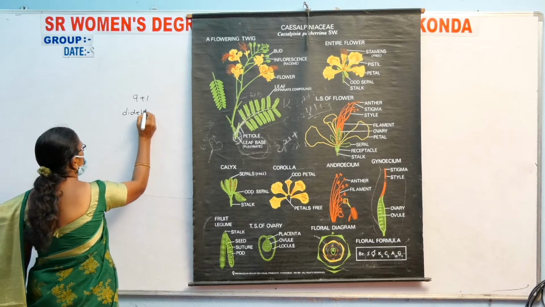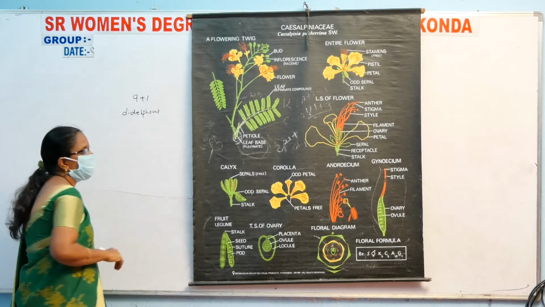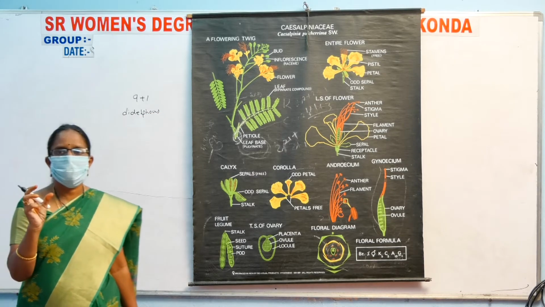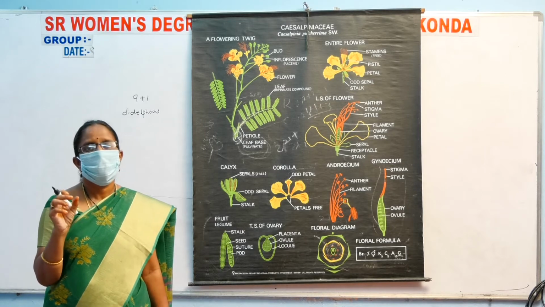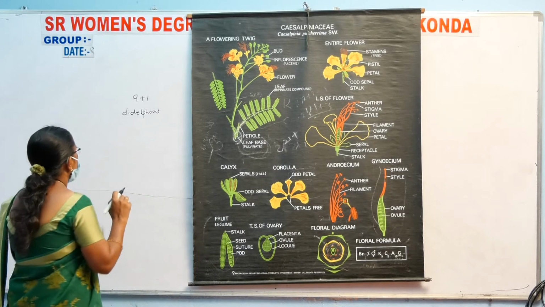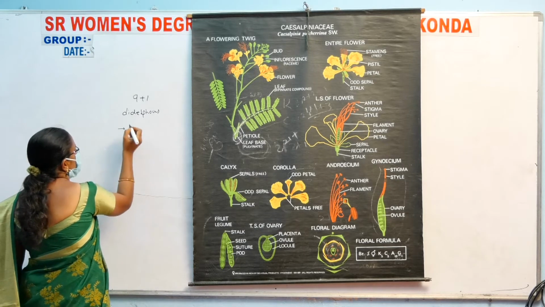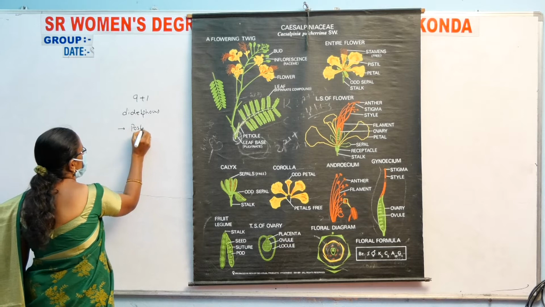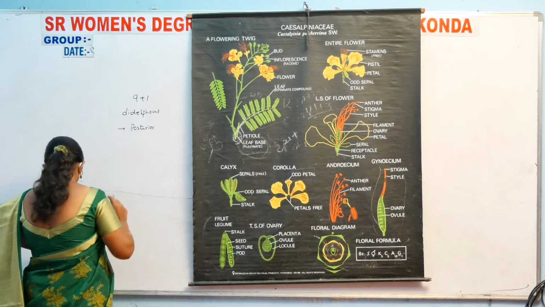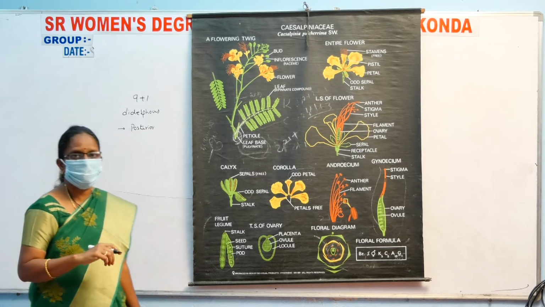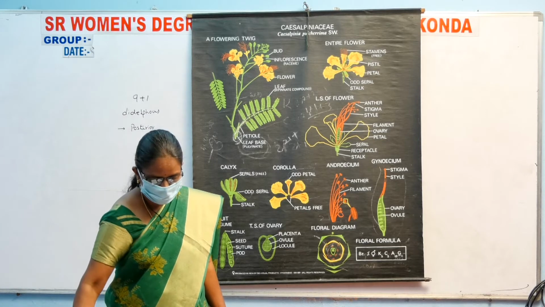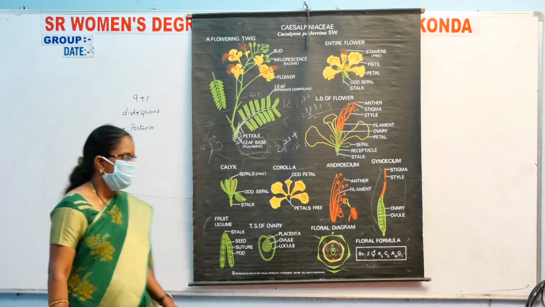Monodelphous means all stamens are fused, and didelphous means 9 stamens are fused and one stamen is free, present at the posterior side.